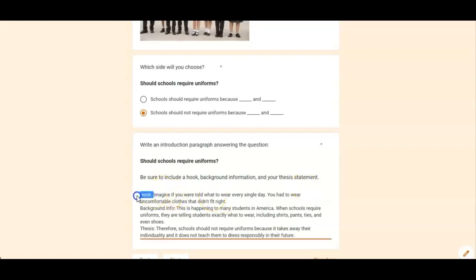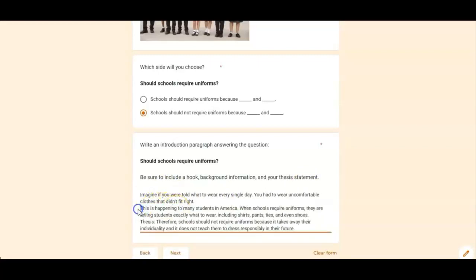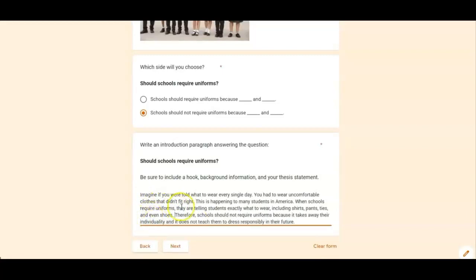Okay, and then I'm going to go back and I'm going to delete the hook, delete where it says background information, and backspace again to make it look like a paragraph, just like that. Okay, for a regular essay, these reasons that you choose would come from the sources, but since you don't have sources today, you're just going to come up with 2 reasons on your own.